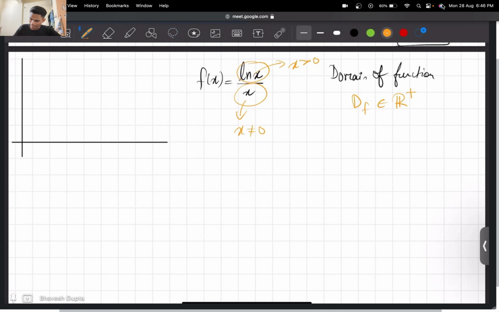If you see very carefully the plot of log x, it turns out to be this kind of plot. And the plot for 1 over x turns out to be like this, maybe I have not drawn it perfectly.